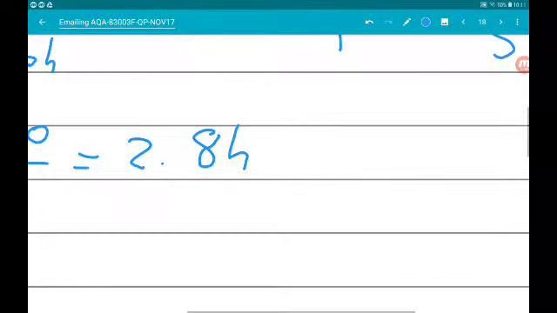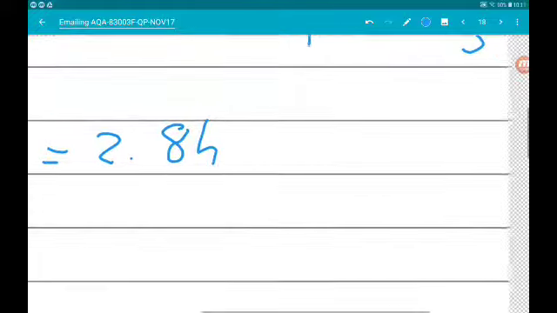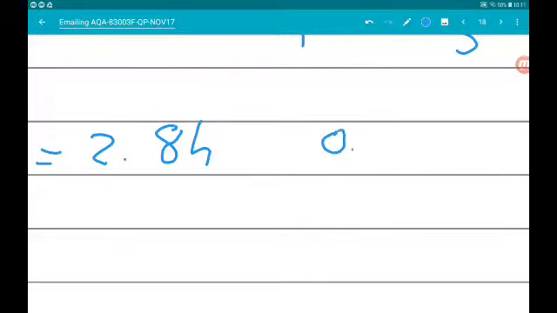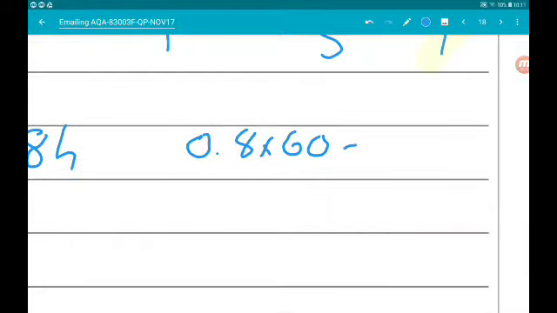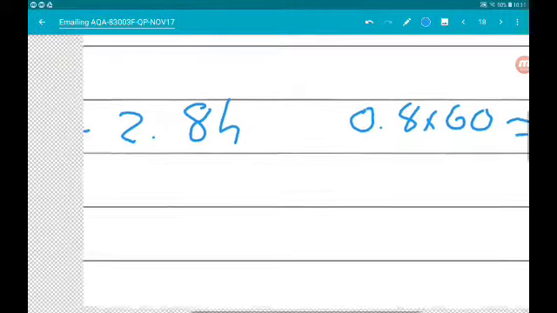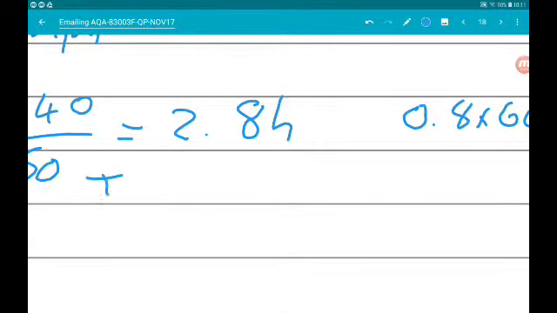Now we need to turn 0.8 of an hour into minutes. Remember, hours have 60 minutes, not 100. So 0.8 times 60 gives us 48 minutes. So the time is 2 hours 48 minutes.